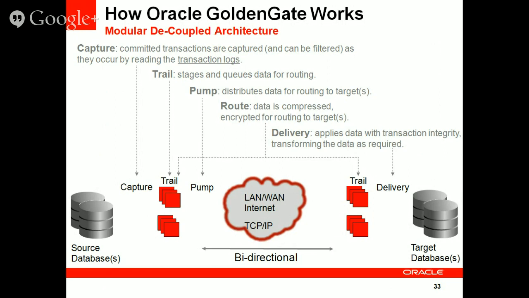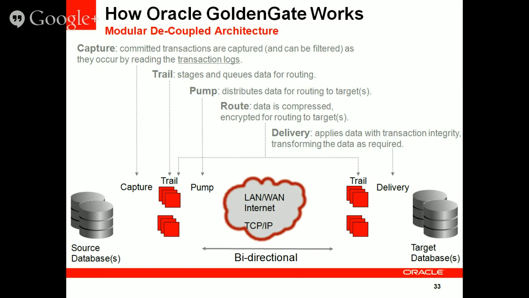The data pump process distributes data to the target site, whether you have LAN, WAN, or internet, and this is done with the help of a network, as we have seen in the previous slide, the TCP/IP network.